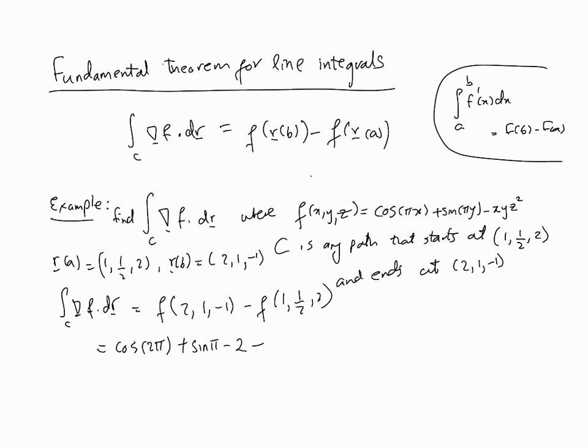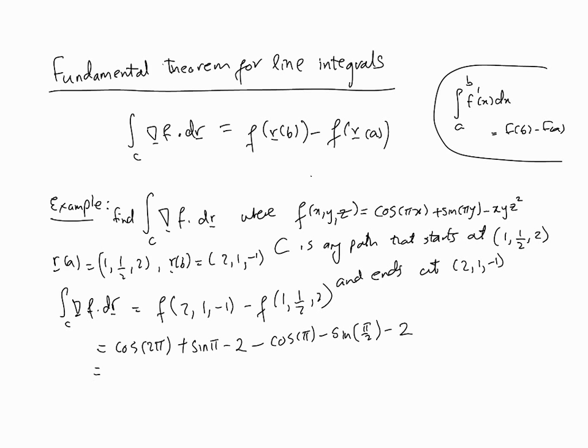And then minus f of (1, 2, 2), so that's going to give us cos pi again, this one is cos pi, and then we have sine of pi over 2, and then minus, we have 1 times 1/2 times 4, so that's 2.